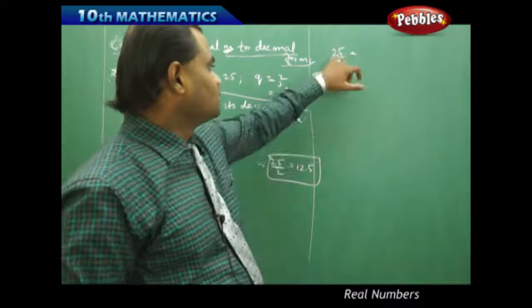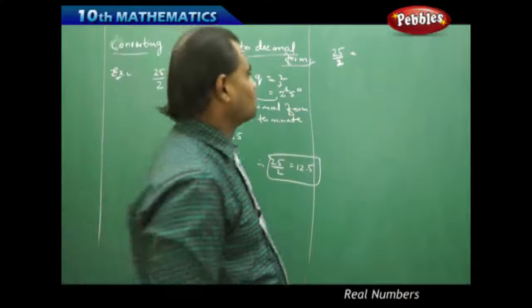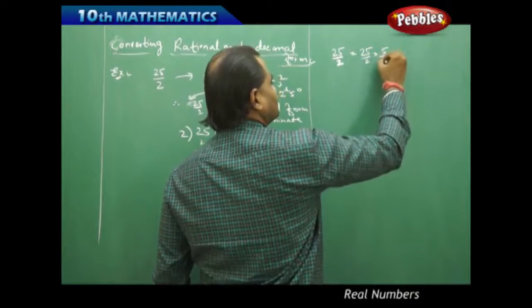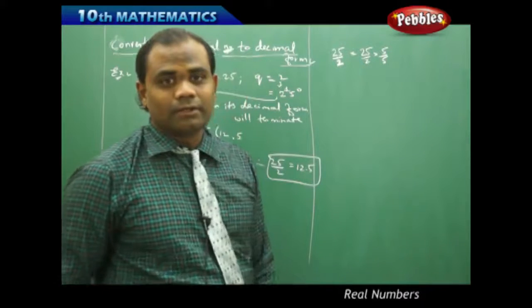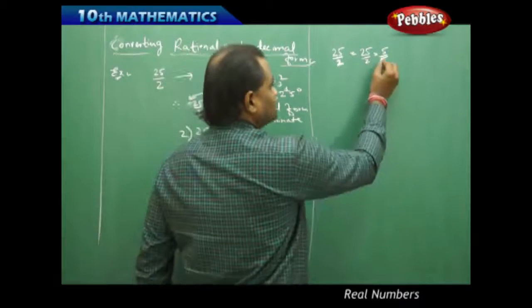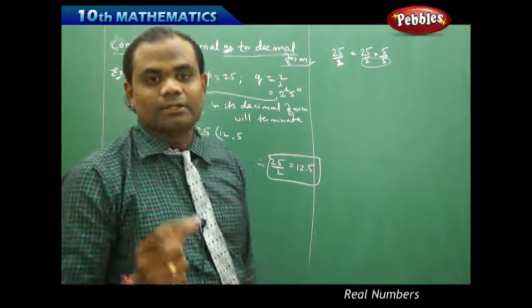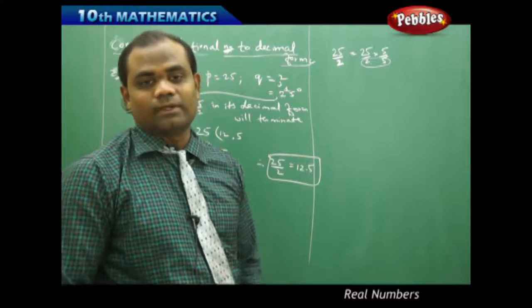So for example, when I take 25 over 2, I can write this as 25 over 2 multiplied by 5 over 5. The reason being that when I multiply 2 with 5 in the denominator, I get 10. My target is to make the denominator a power of 10.